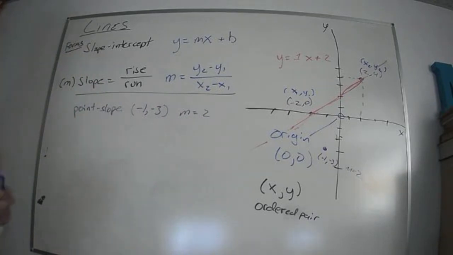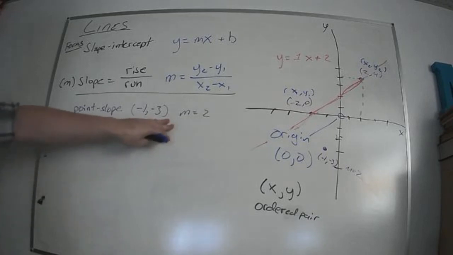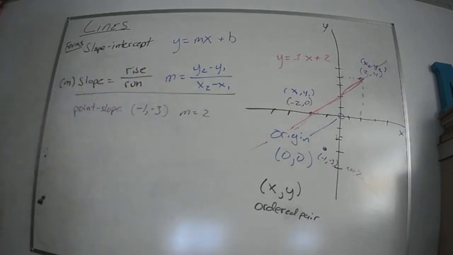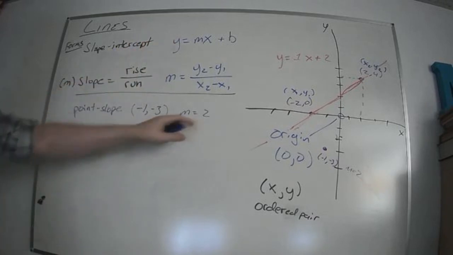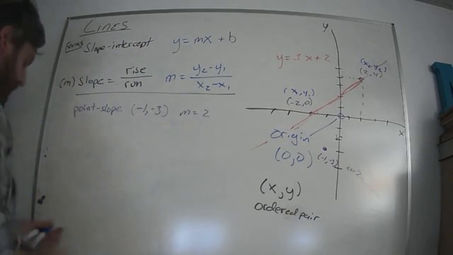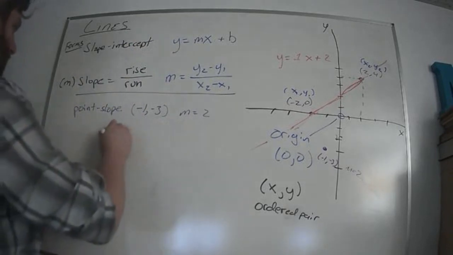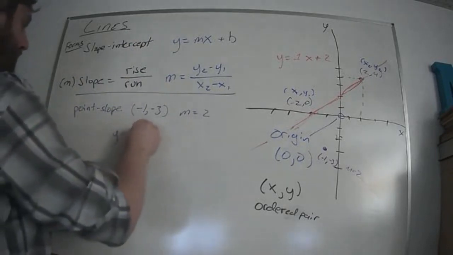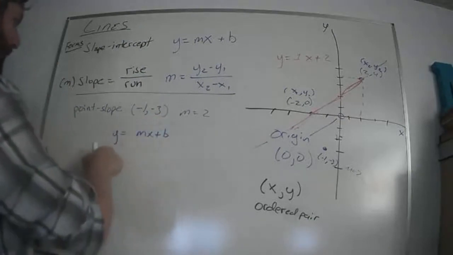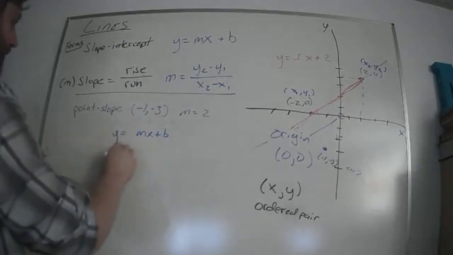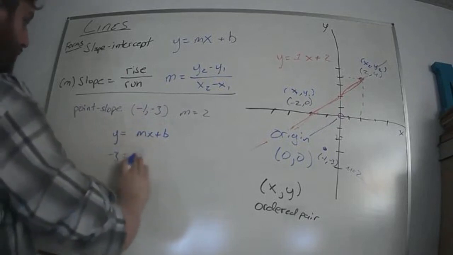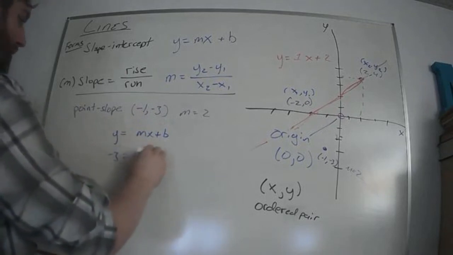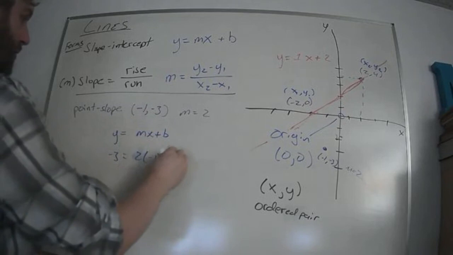All right, well, the first thing we need to do is essentially find another point. Or we could find b directly from this. We have a point, we have a slope. So I could just say, if y equals mx plus b, and I have y equals -1, sorry, equals 2, the slope, times minus 1, x, plus b.